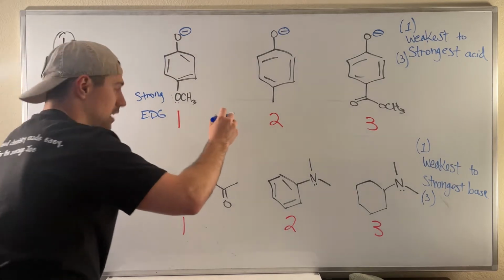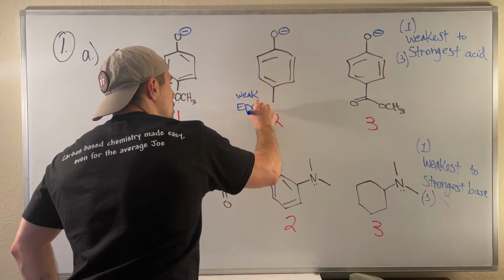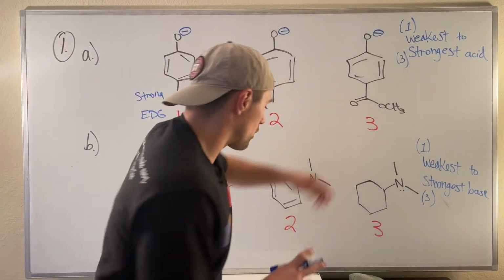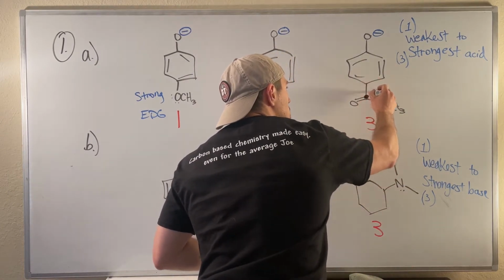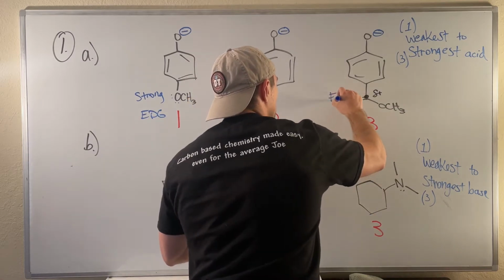This methyl group over here is a weak electron donating group. It donates electron density to the ring through hyperconjugation. And then over here, remember, the atom directly attached to the benzene ring is partially positive. So this is going to be an electron withdrawing group.